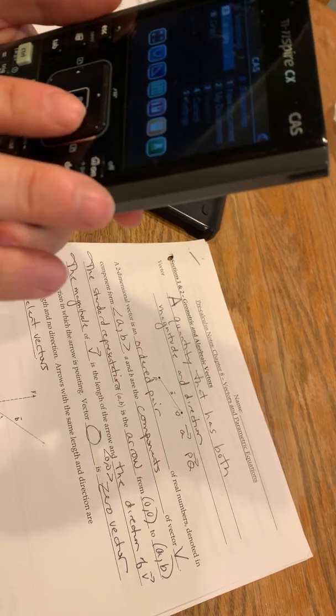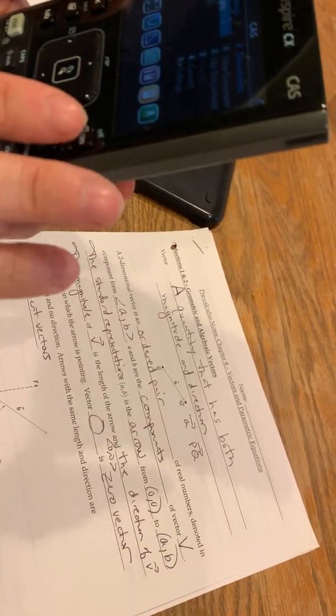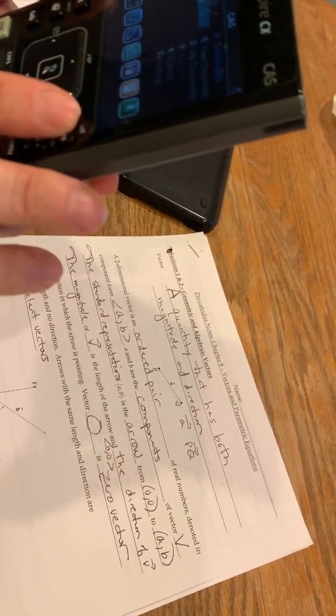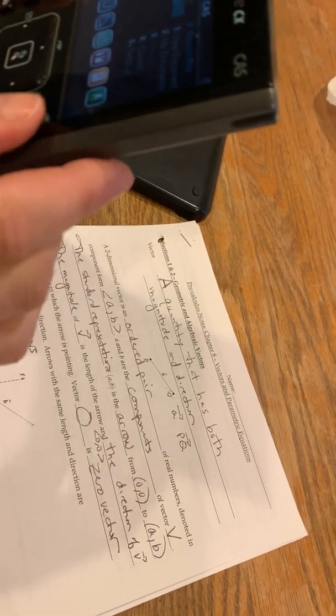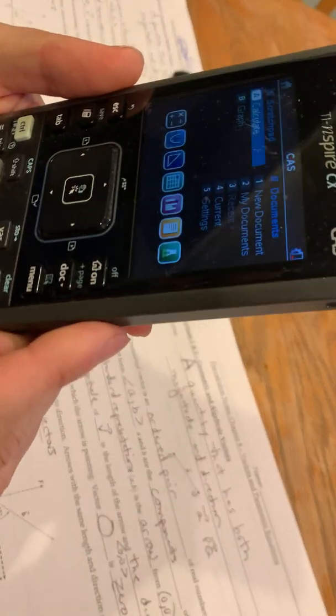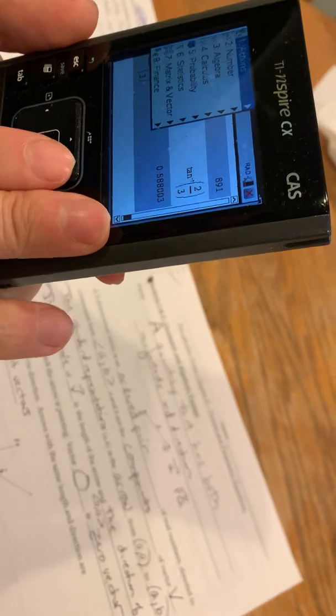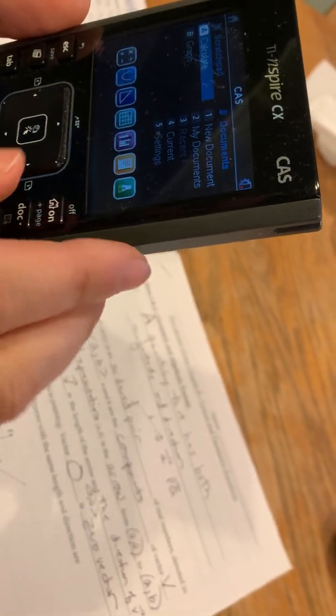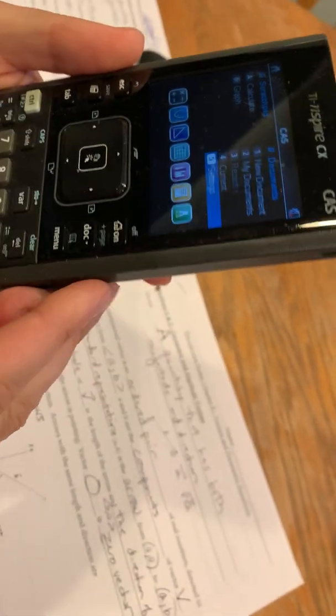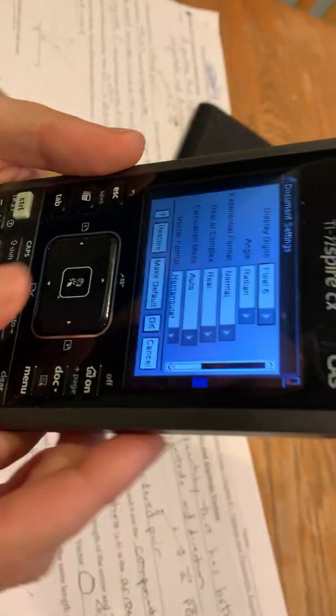I'm in radians, so I got to change my mode to degrees. So let me go to settings, document settings.